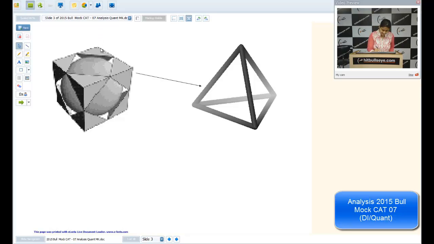This complete side is given as 2. So this half is 1. This is 1. So this is a diagonal thing, or by using Pythagoras, we can say this line is root 2. Are you getting me or not? Pranjal?